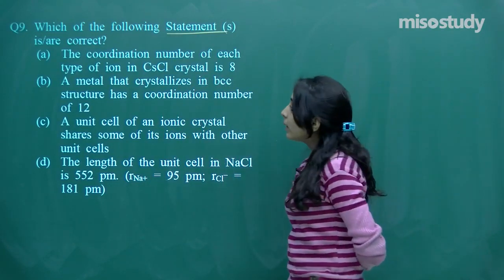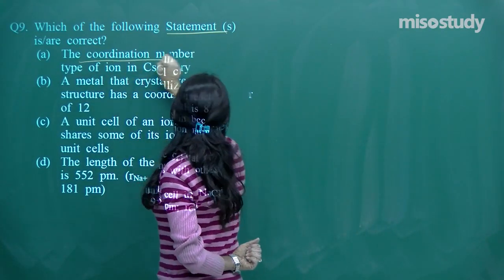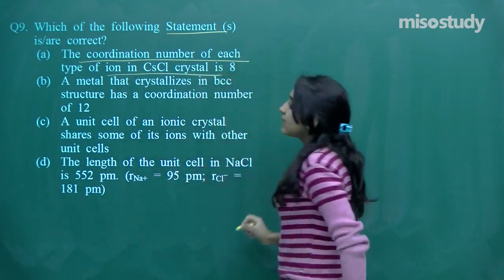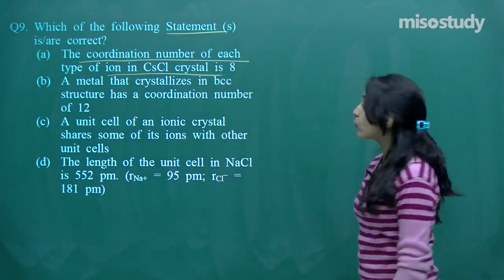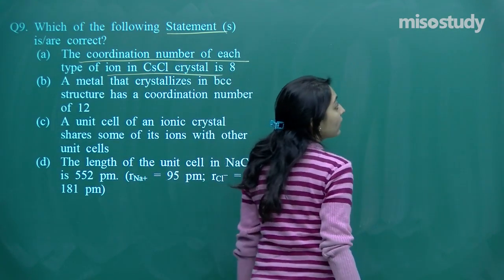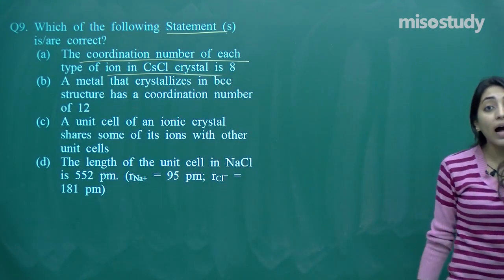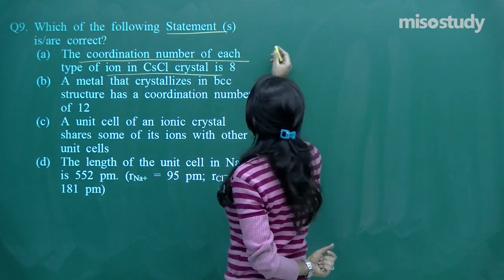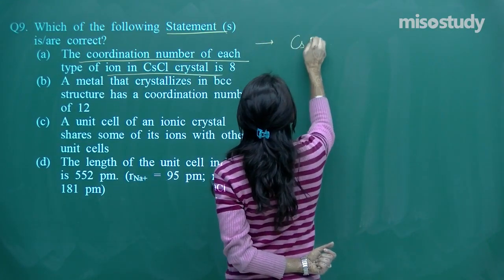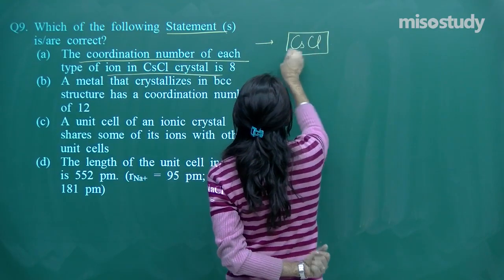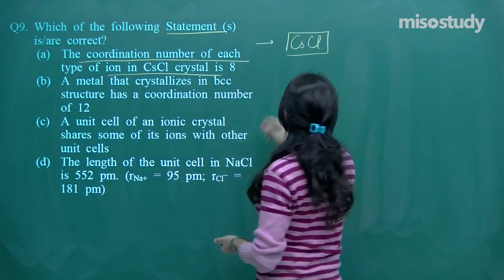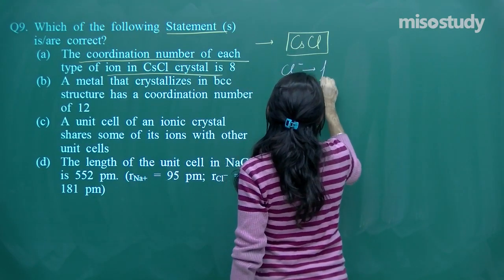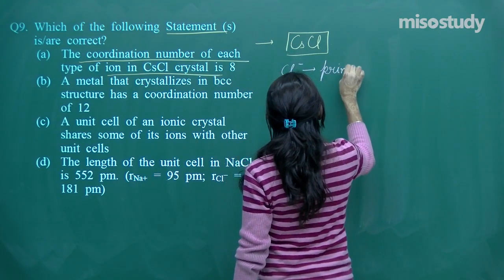Let's see. The coordination number of each type of ion in CsCl crystal is 8. So we need to figure out whether the coordination number of ions in CsCl is 8 or not. How do we do this? We know, right, in the case of cesium chloride, Cl minus are present in the primitive unit cell.